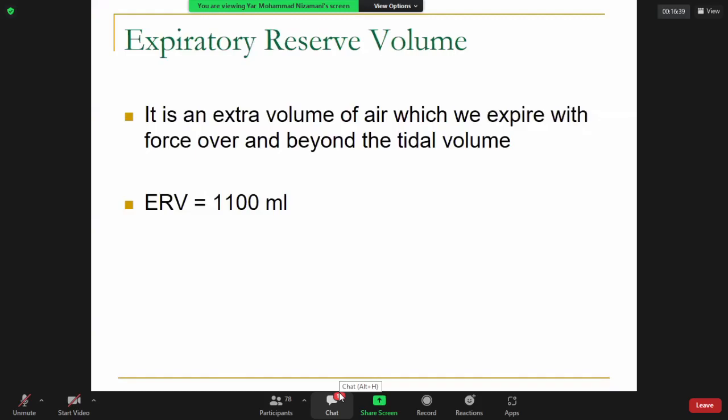It is an extra volume of air which we inspire with force over and beyond tidal volume, whereas the expiratory reserve volume is an extra volume of air which we expire with force over and beyond tidal volume. ठीक है? And the value is 1100 ml, right?